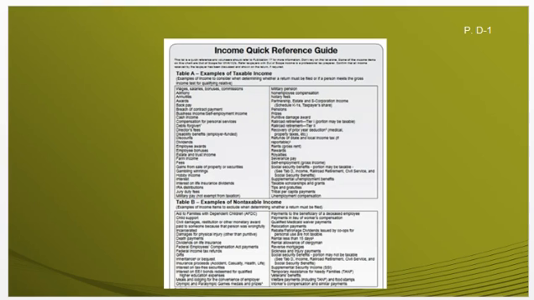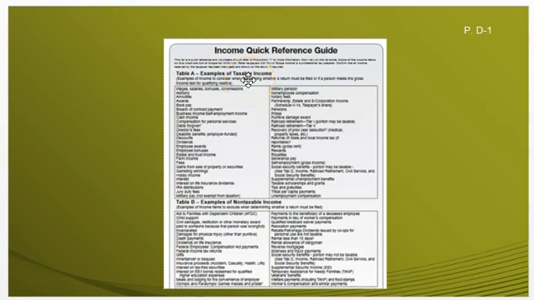Now the IRS says that everything is taxable unless they say that it's not. So on page D1, we're going to find a quick reference guide for what is considered taxable and what is not considered taxable. Here we've got items that Table A lists as examples of taxable income.